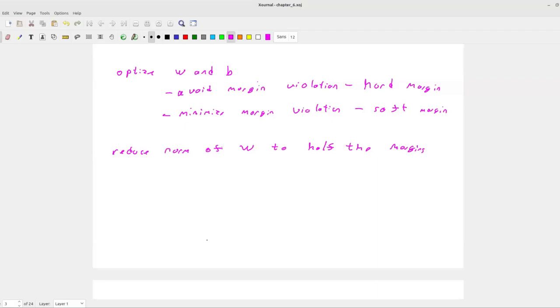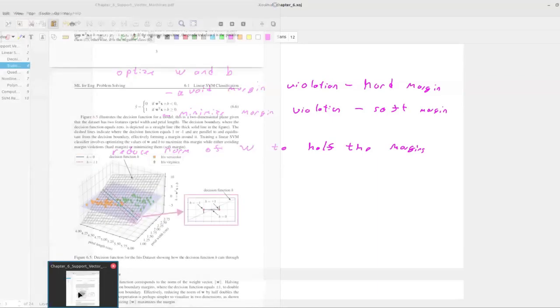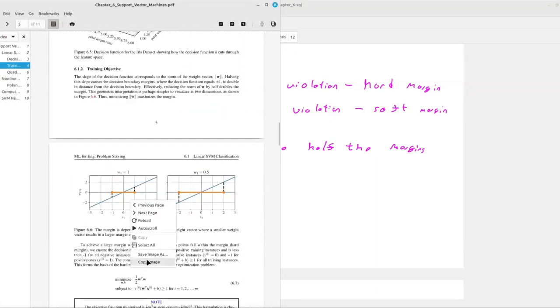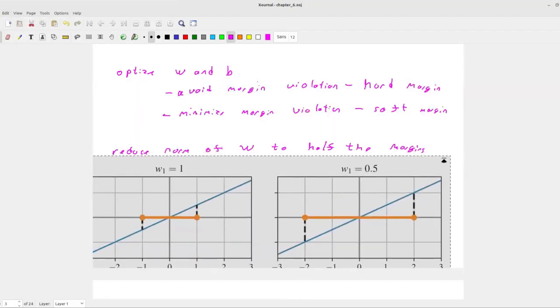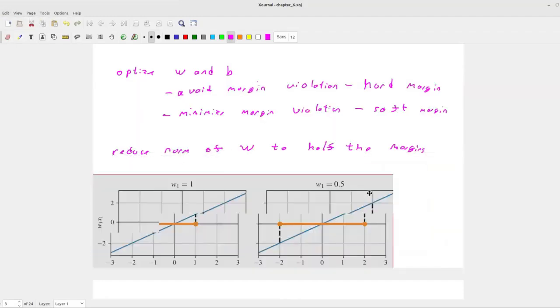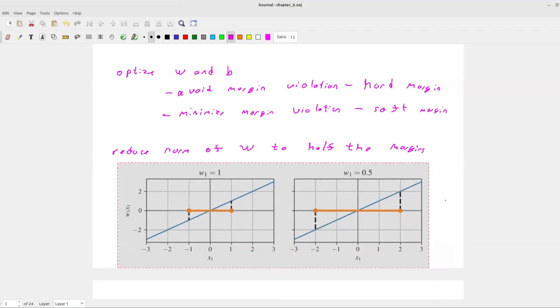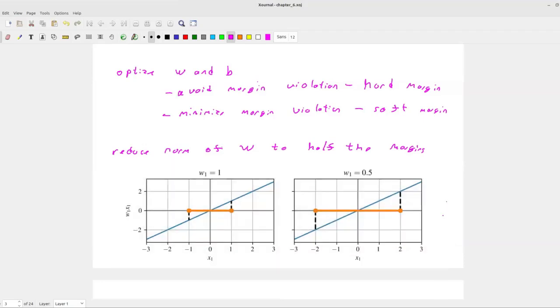So let's take a look at what that looks like graphically. If we were to cut down this side view, right? If I've got W1 equals 1, I've got a boundary that goes from 1 to 1.